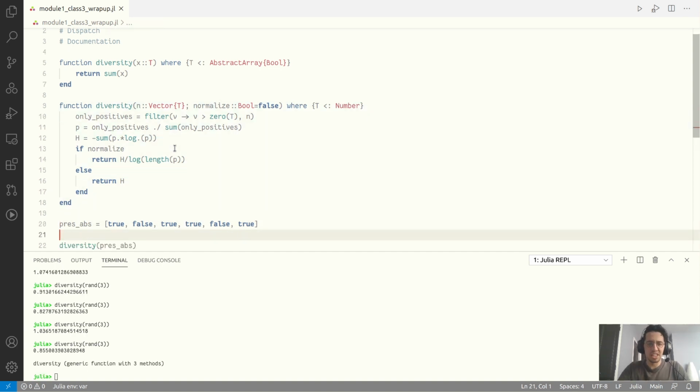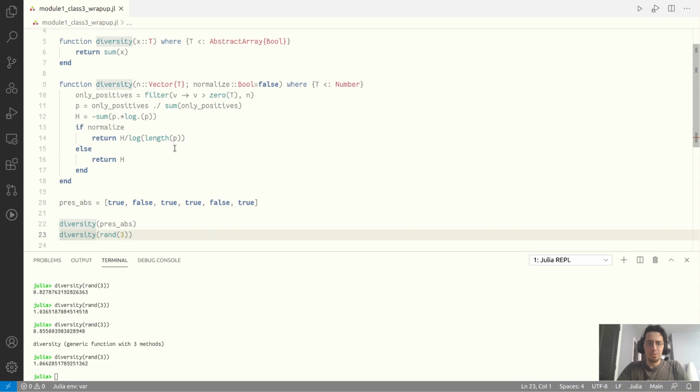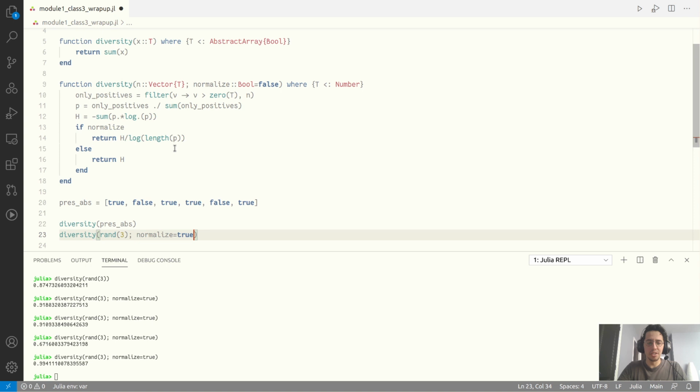So let's check. If we rerun that, it is going to give us something that is not bounded. So that's Shannon. But if we add normalize equal true, it is only going to give us values that are bounded, so values that are between 0 and 1. What is interesting is that we still only have one function called diversity.